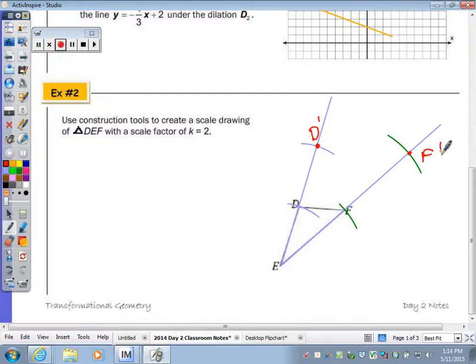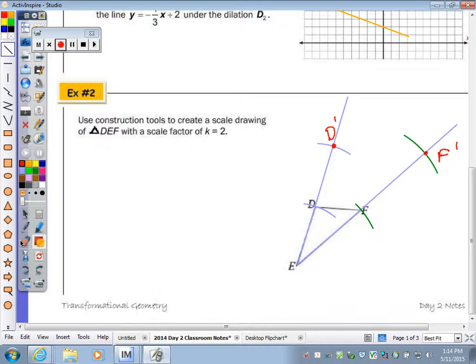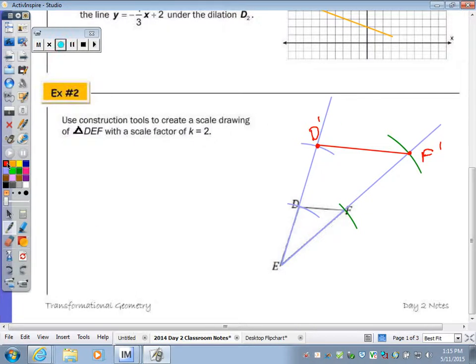Take your ruler and connect D prime and F prime. So down below, not only is this point E in my picture, it's also going to be E prime.